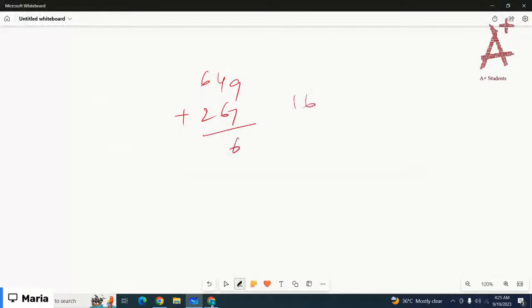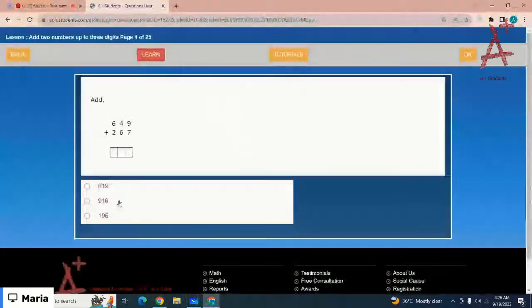Write 6 here, carry 1. 6 plus 4, 10, 11, and 1 more makes 916, right? The correct option is 916. That would be the second option, right?